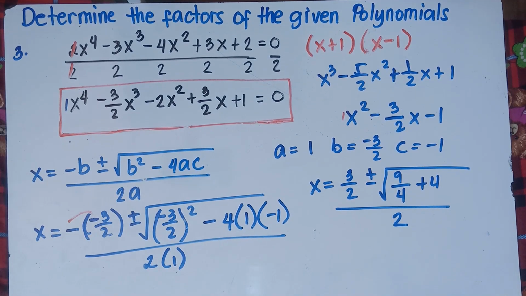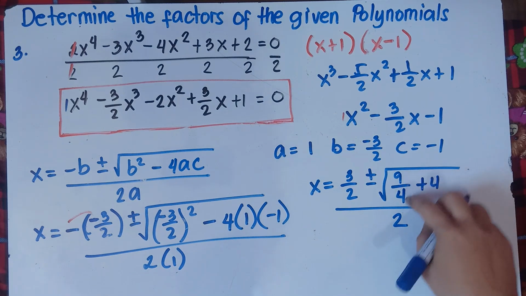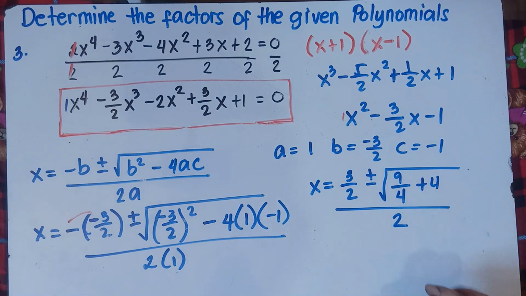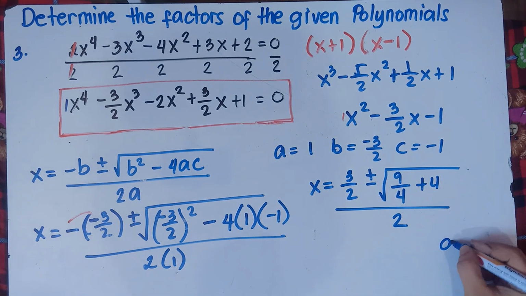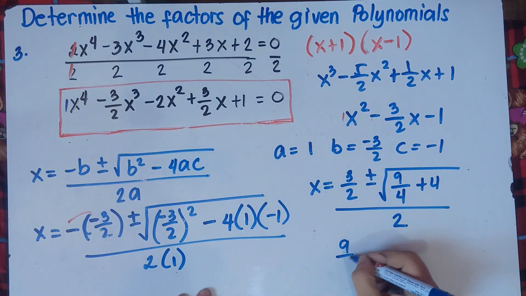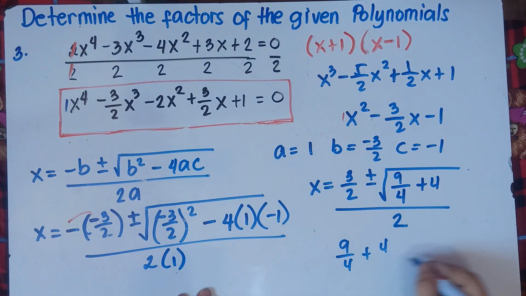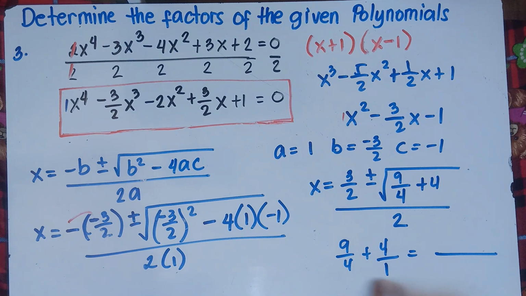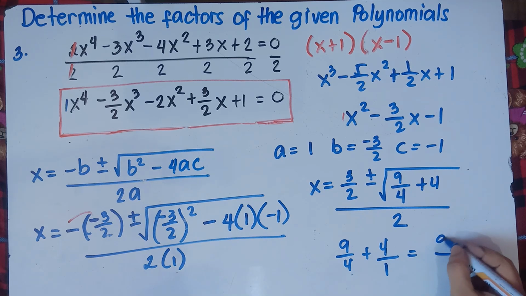So combine this one, 9 over 4 plus 4. Understand that there's a 1 under the 4. The LCD of 4 and 1 is 4. So 4 divided by 4 is 1, times 9 is 9.